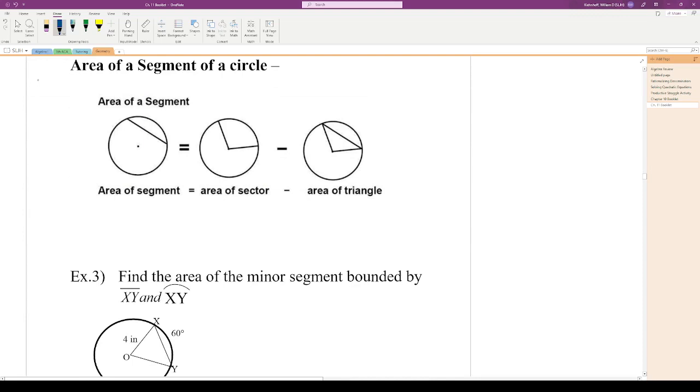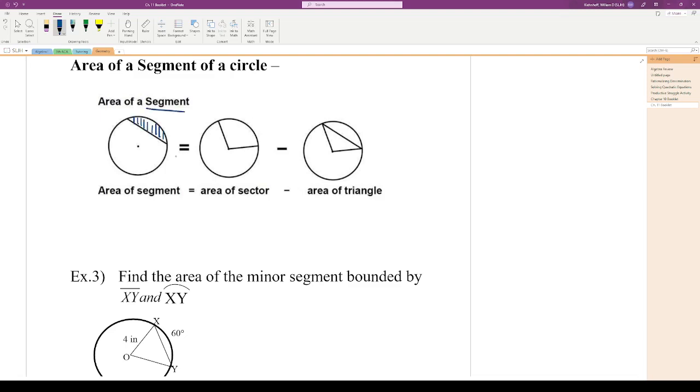All right, so areas of segments. Remember, we can get the measure of our central angle several different ways. We can get it from the arc measure or the central angle or whatever. So it's saying here the area of a segment of a circle. So the segment is this part.